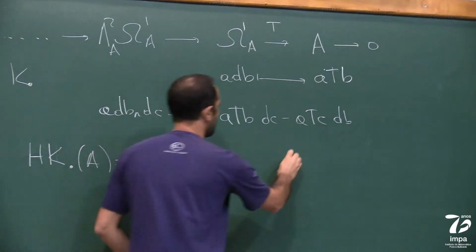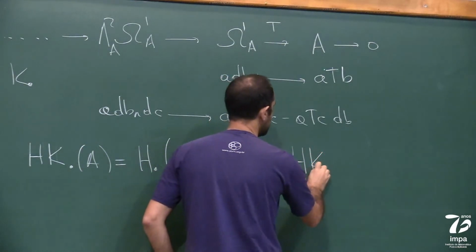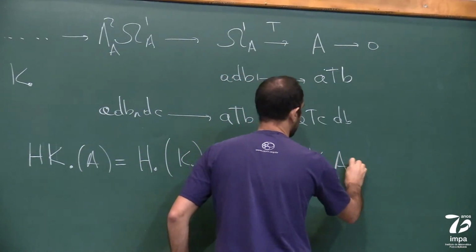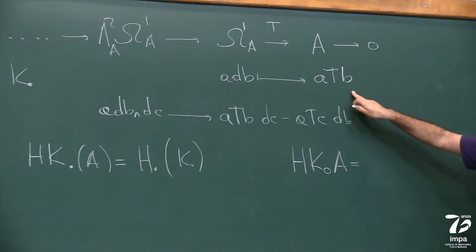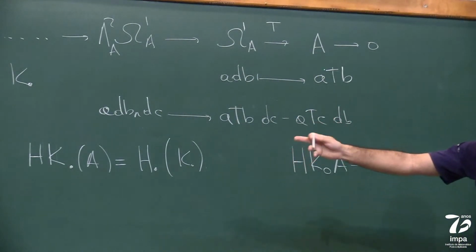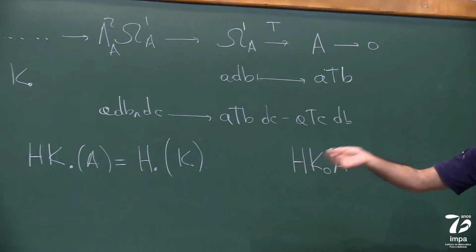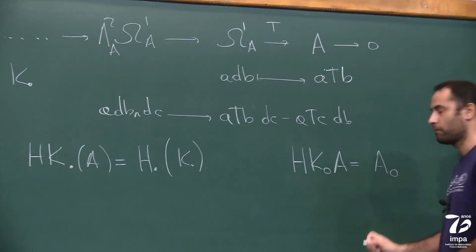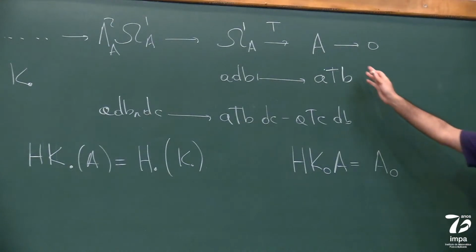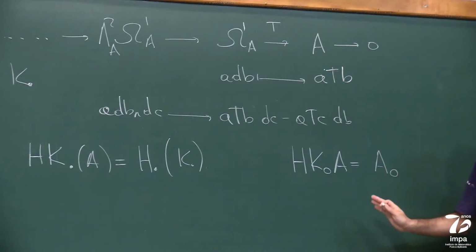We see immediately that HK0 of A is all of A modulo the ideal generated by derivatives. Since my differential algebra is generated in degree 0 by A0, this thing is A0. So A modulo everything that takes a derivative is just A0.